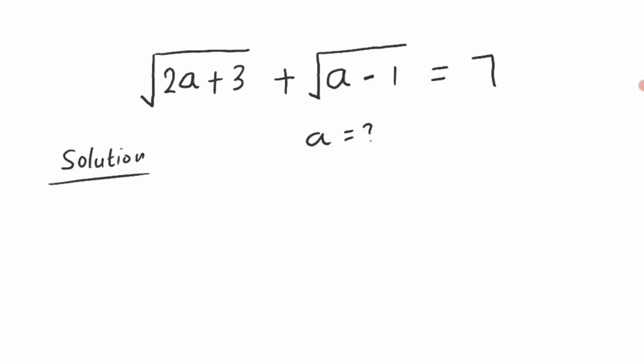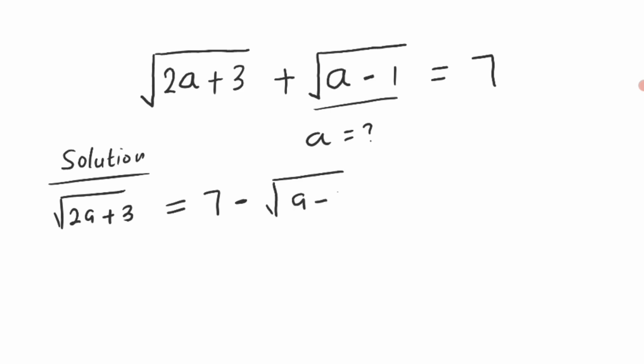We have the given equation. This is square root of 2a plus 3. Then this will be equal to 7 minus, if you take this to the other side, square root of a minus 1.